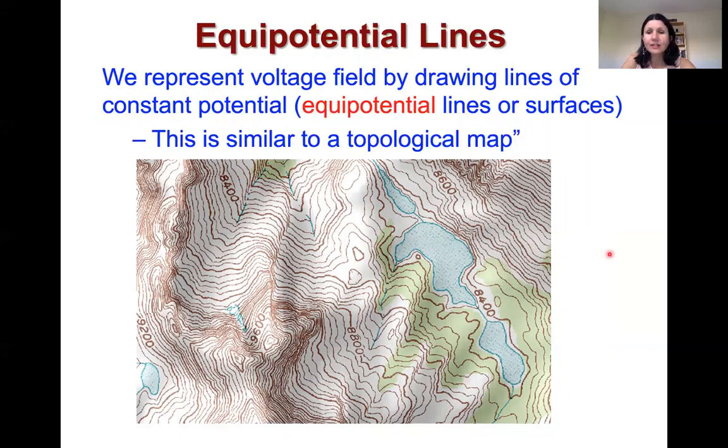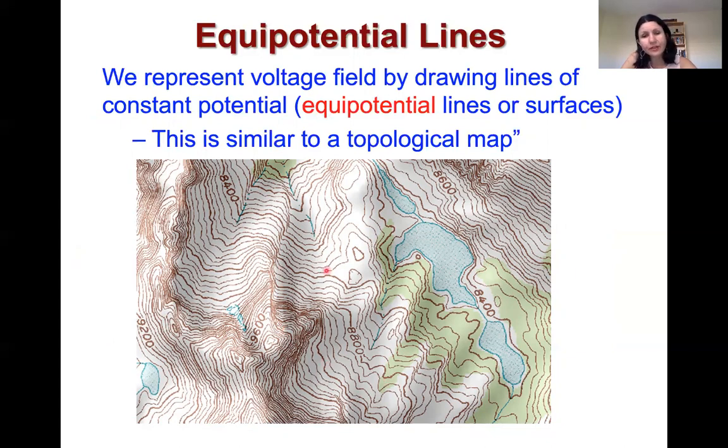This is very similar to a topological map that you've probably seen before. What this topological map tells us is the topology of a given area in space, in other words, how the slope changes.